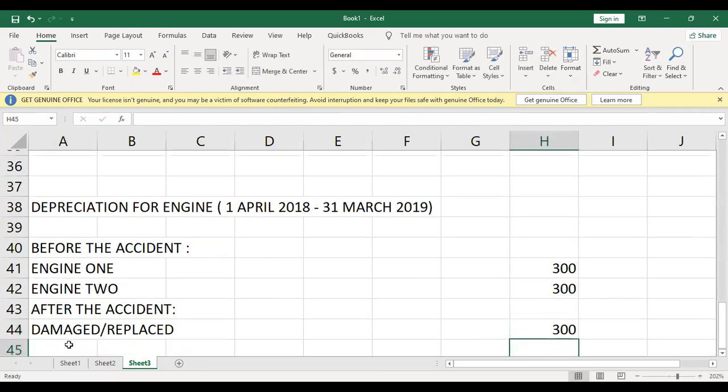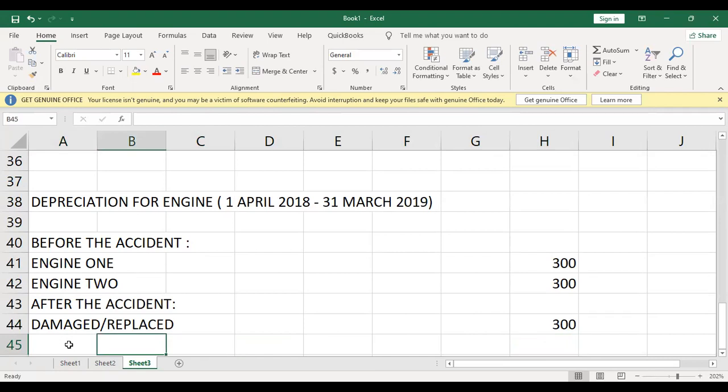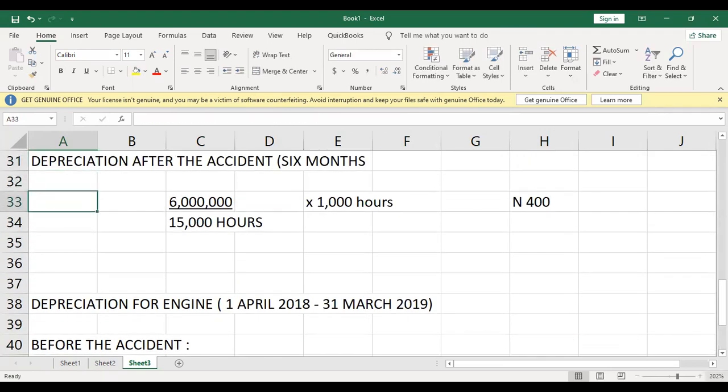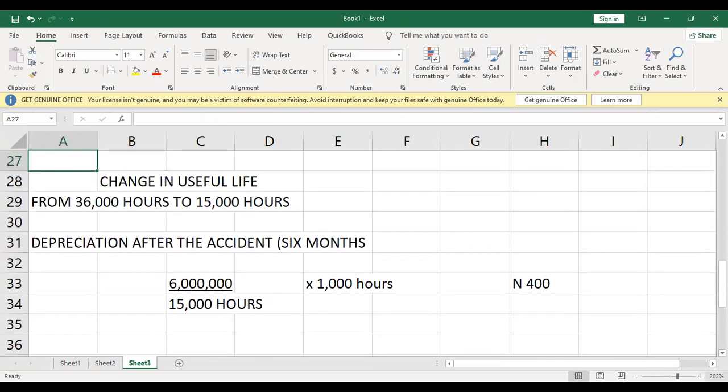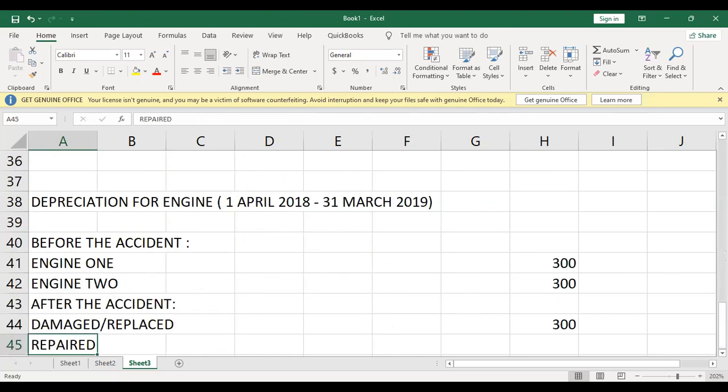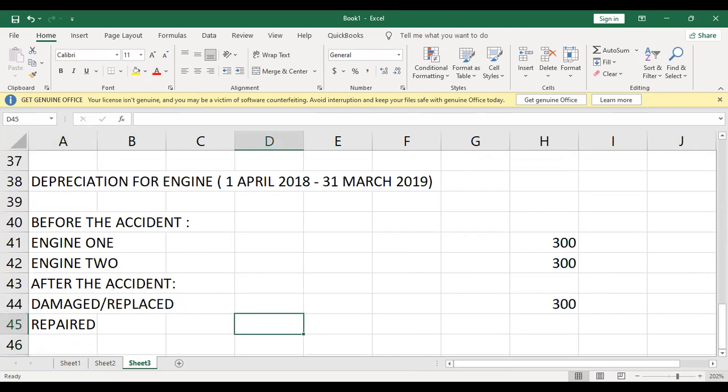300. Then the one that was repaired, how much was depreciation? We've done already. 400, right? It was repaired, but there was a change in useful life. So 400. So what's the total?